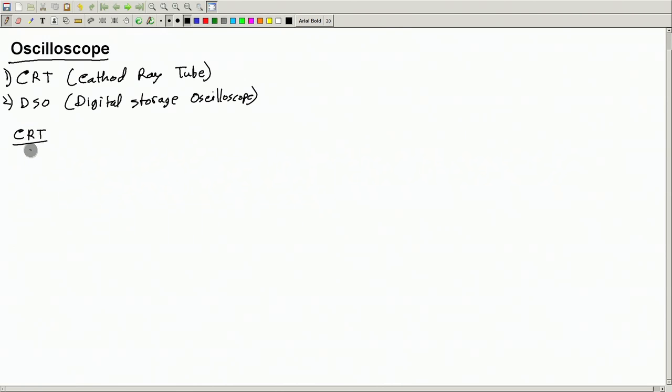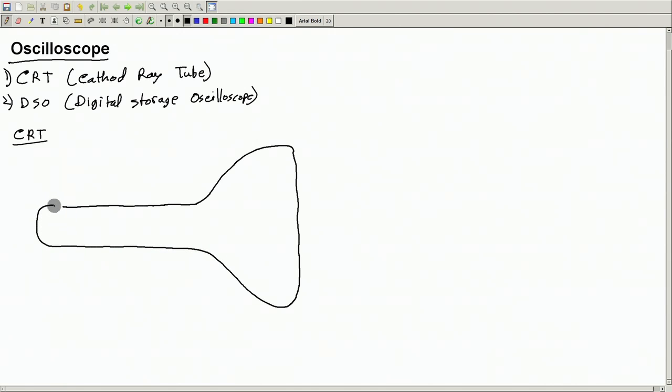All of you might have seen this in your lab, but let us know what is there inside and how it actually works. This is made up of mainly a hollow tube like this. Okay. So, this is a glass tube and this is evacuated.